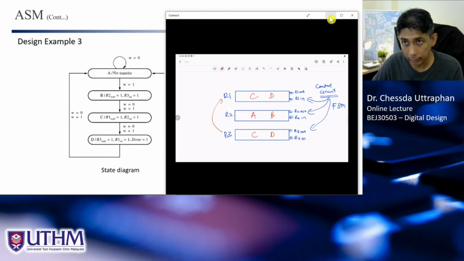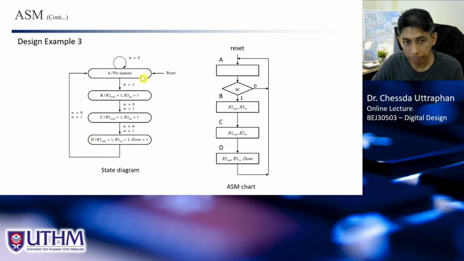So this is the state diagram, and this is the ASM chart that is directly translated from here. So same thing here. This is the wait, no transfer yet. If W equals 1, we start the transfer. If W equals 0, we stay at state A, same as here.